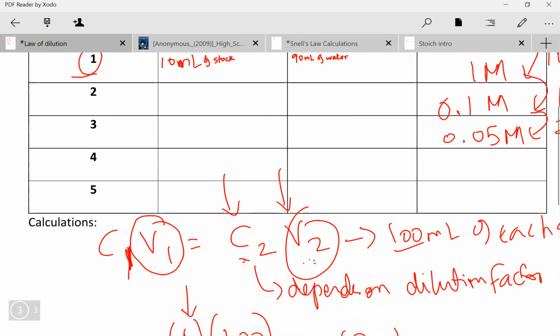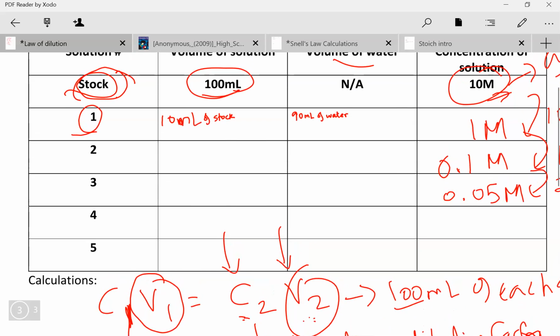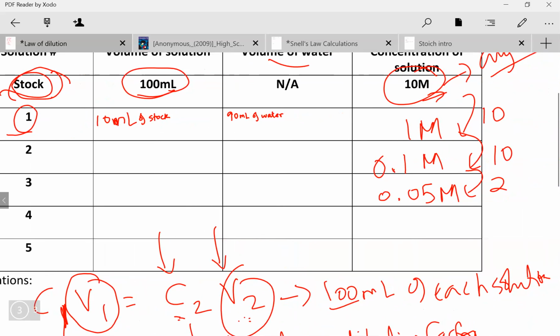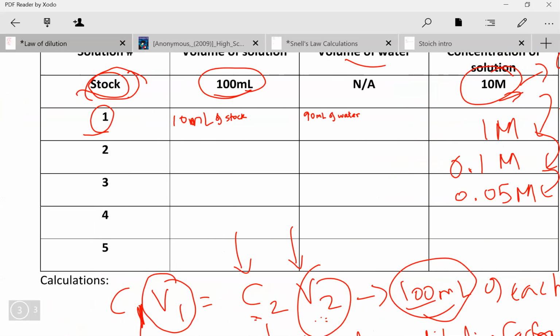Now again, you can repeat this calculation, but since I'm doing a dilution of 10, I'm keeping the same, so let's assume I still want 100 milliliters. This calculation will be essentially the same.